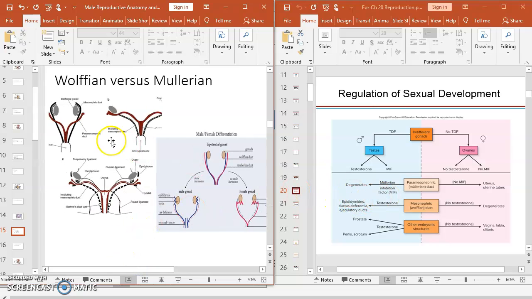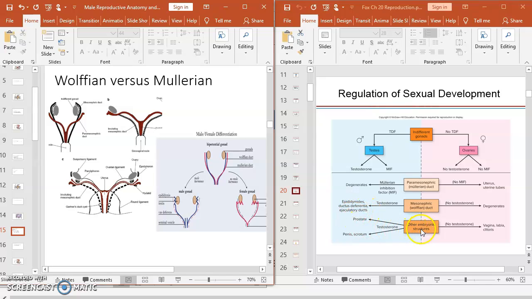If you have that, the paramesonephric will start to regress, because what you're trying to do is develop the male, which is the Wolffian, the mesonephric. Here's testosterone, and then that will start to develop those extra features. I need that testosterone. So this backs off the female, this advances, and that gives me the epididymis, seminal vesicles, and the ejaculatory duct.